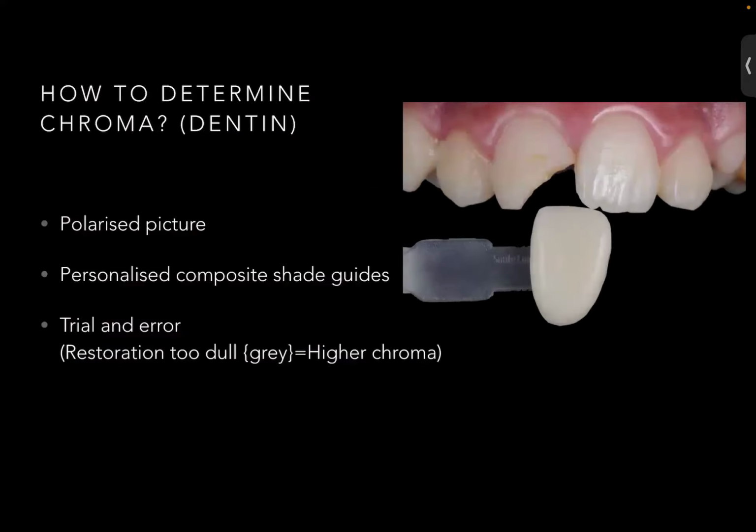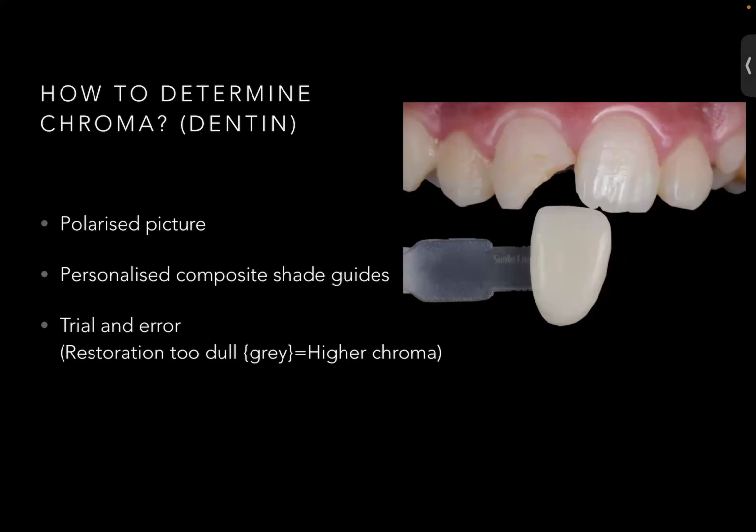right? So a personalized composite shade guide is, in simple words, you basically make your own shade guides, but the tooth in the shade guide is composite, the composite which you use. Just take a small amount of composite of all the shades, and you make it look like a tooth. The picture on the left is a product which you get from Style Italiano.